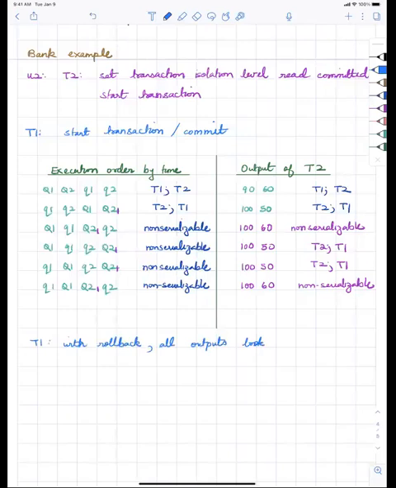You're always going to get 150. You will never see something that never happened. So all outputs are going to look serial. Do you think you understood how read committed works?